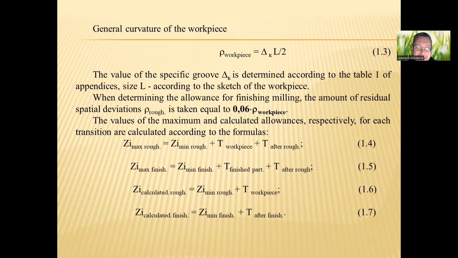Size big L according to the sketch of the workpiece. When determining the allowance for finishing milling, the amount of residual special deviations rho is taken equal to 0.06 multiplied by rho suffix workpiece.